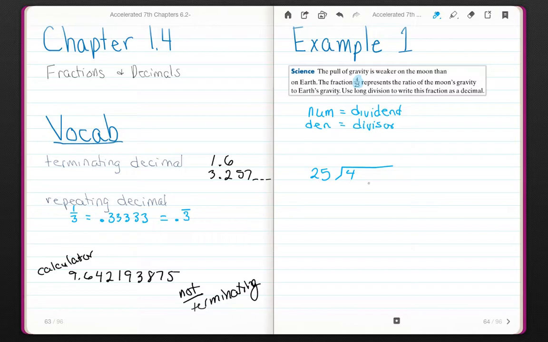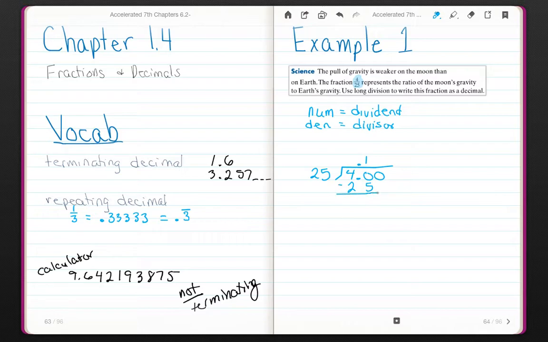The 4 goes on the inside. Now 25 doesn't go into 4, so I'm going to add a decimal and add a couple of zeros back here. When you divide, that decimal goes straight up. And now I ignore the decimal and pretend it's not even there. So how many times does 25 go into 40? It goes in once. So the 1 goes above the 0. 1 times 25 is 25.